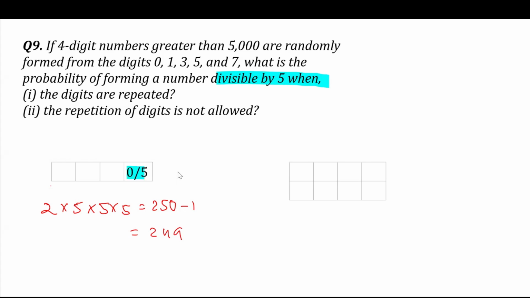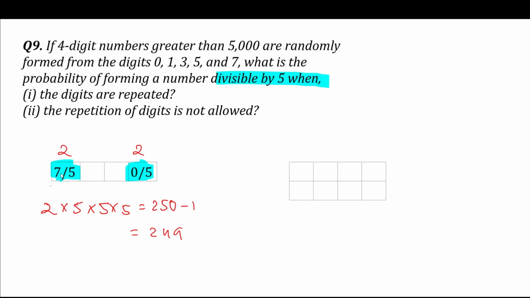So here we have a restriction that this slot, the unit digit, can be filled in two different ways. And this condition remains the same: this can be filled either with 5 or with 7, right? The same way, as we have to find numbers which are greater than 5,000, this slot again has two possibilities.